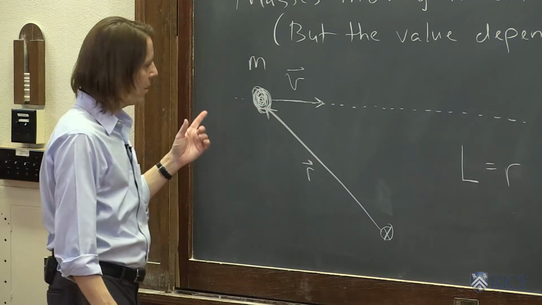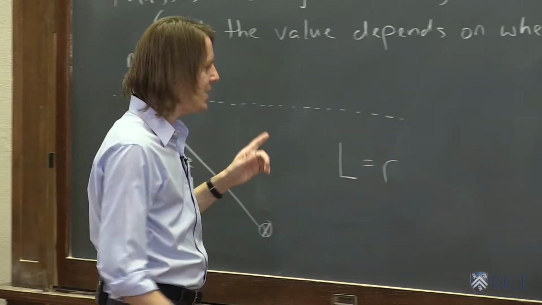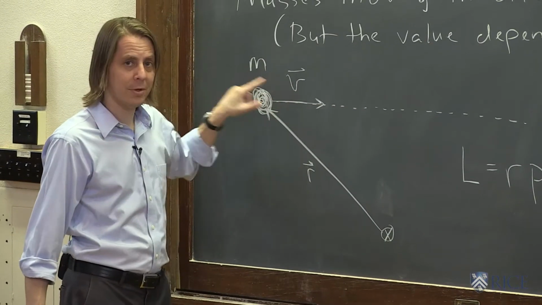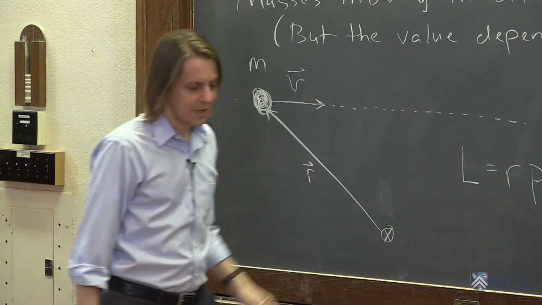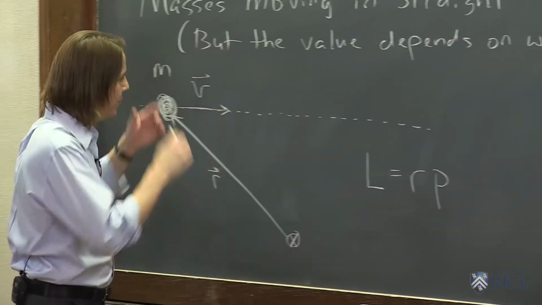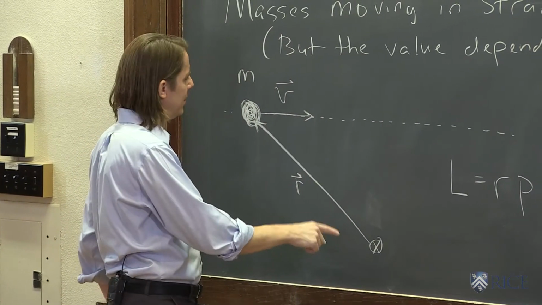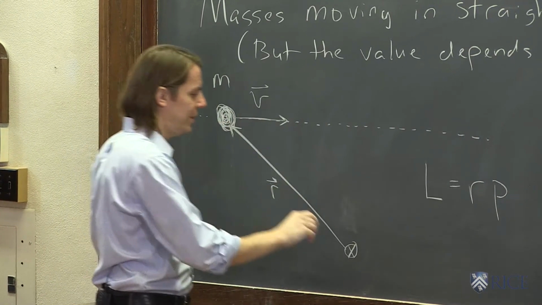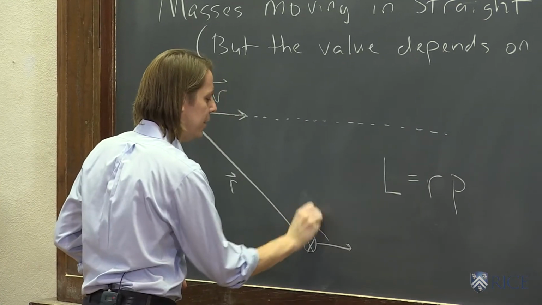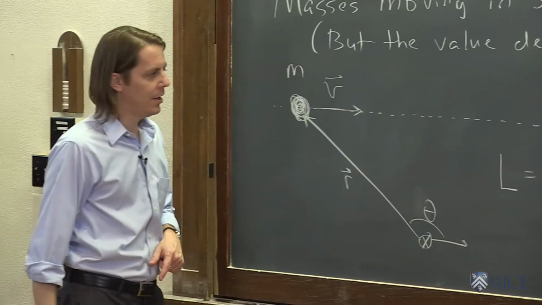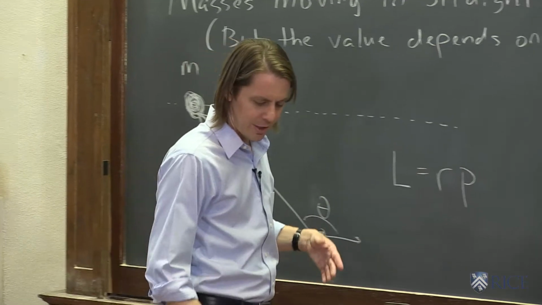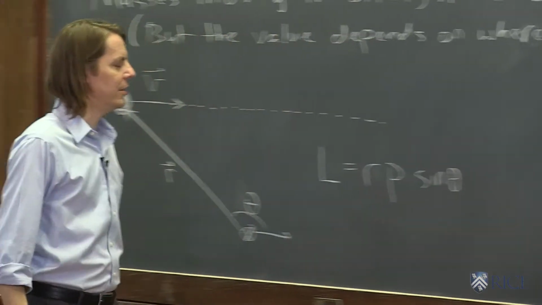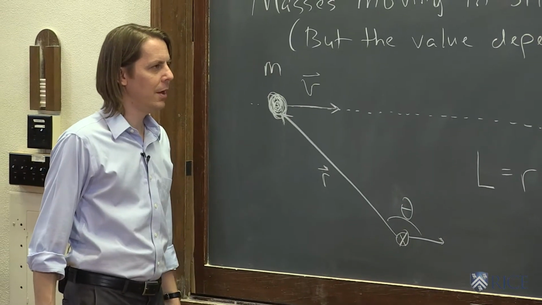So r times p, and p is the object's momentum, so m times v, written as a scalar, times the sine of the angle between these two vectors. There's theta. What we're really doing is a cross product, if you're familiar with that, but we're not going to get into that level of vector detail here. We're just going to write it as r p sine theta.